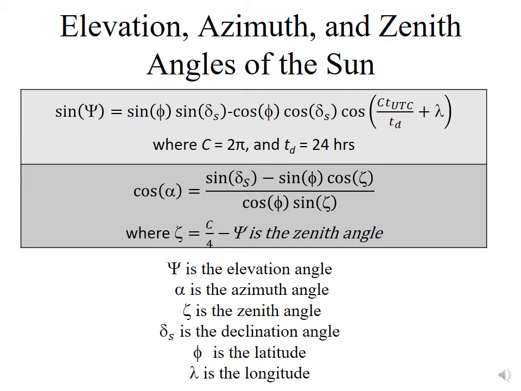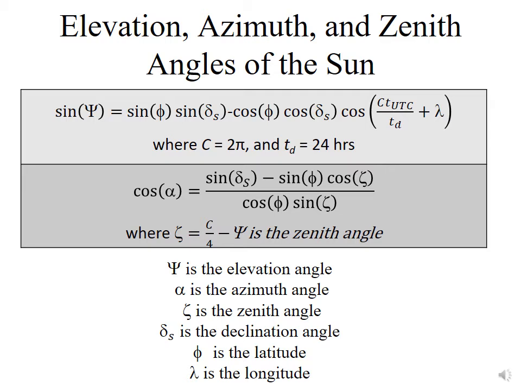We have a c, which is a constant, times our time at UTC, so that's the time at Greenwich, England, divided by 24 hours plus your longitude. So it takes into account where you're at on the planet.